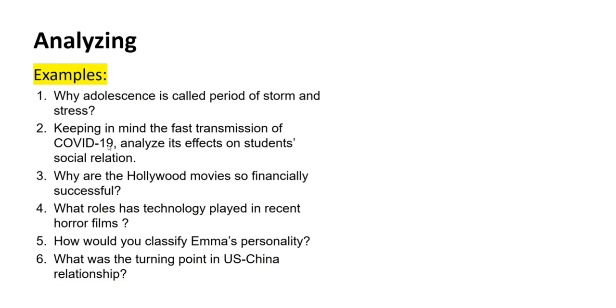So in this kind of context, while to prevent the fast transmissions of COVID-19 would definitely affect their social relation. And for this, the student has to take all the information, has to think over all the information about COVID-19, analyzing them into parts, and then using them to see its effect on social relation. And similarly, other questions are also given from analysis.